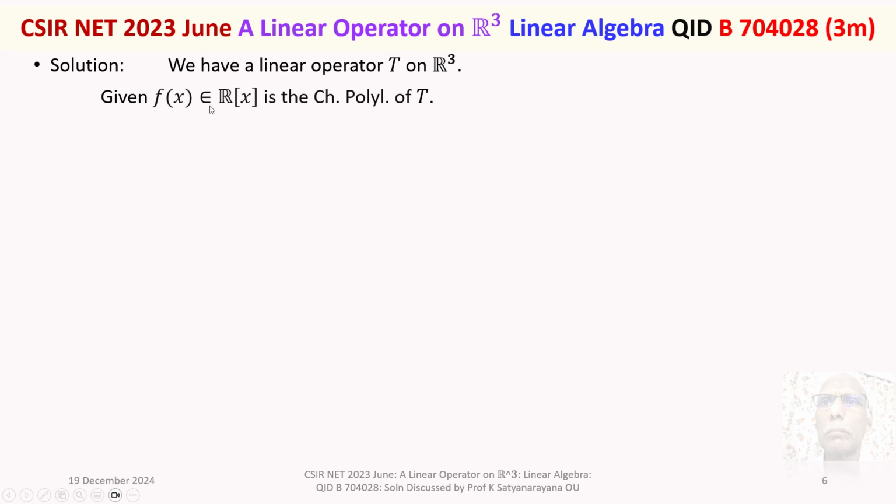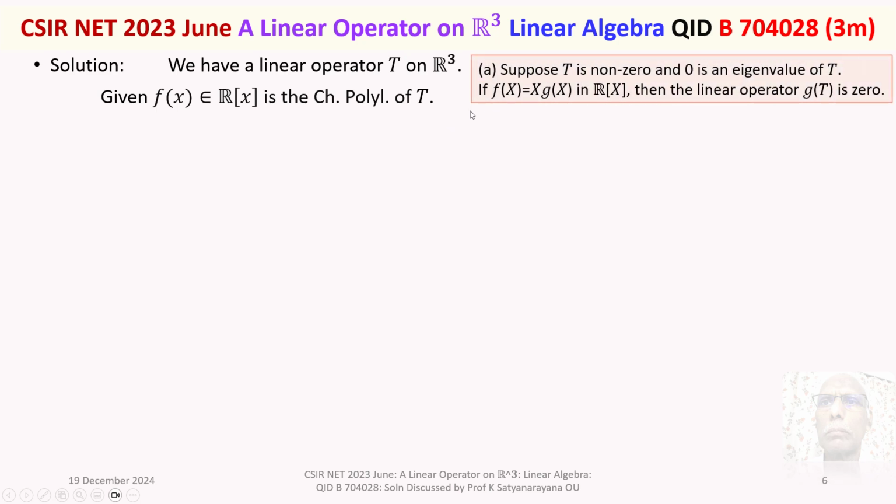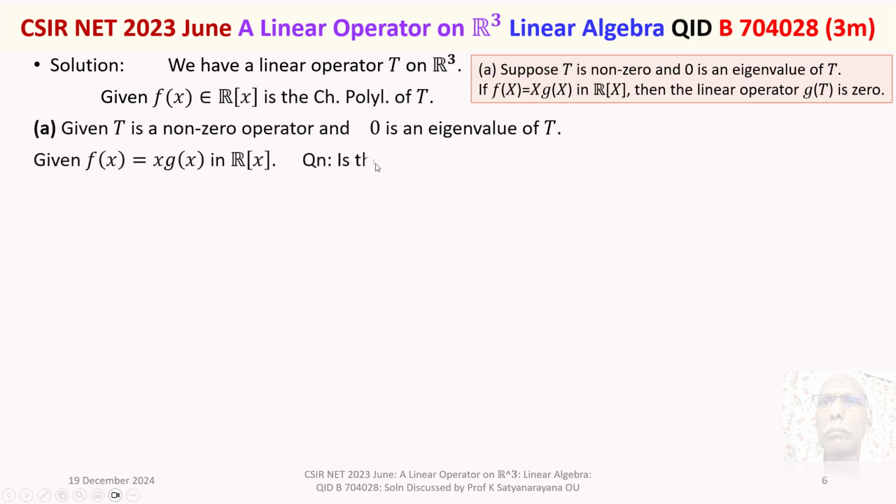Given f of x belongs to R bracket x is the characteristic polynomial of T. And here we have the statement A. Now, we discuss statement A. Given T is a non-zero linear operator and 0 is an eigenvalue of T. We are also given f of x, which is the characteristic polynomial of T, is equal to x times g of x in R bracket x.